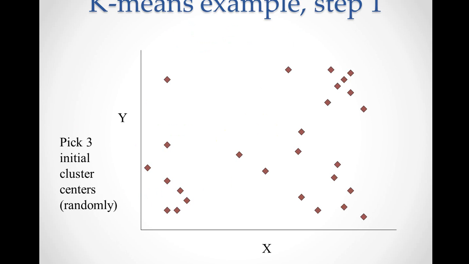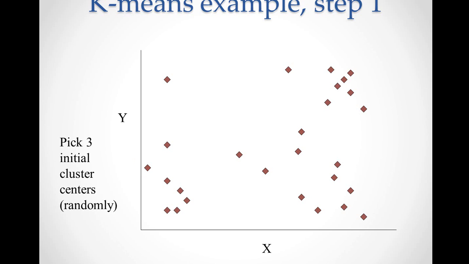Okay? So here's the way it works. Here we have a bunch of data, and the algorithm works by first picking 3 initial cluster centers. Now 3 is what we tell it to do. The basic algorithm doesn't know to pick 3 or 4 or 5 or 10 groups, so we have to make an arbitrary decision, because it's going to be arbitrary if we can't see it either.